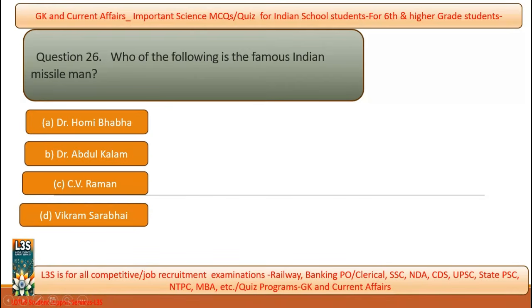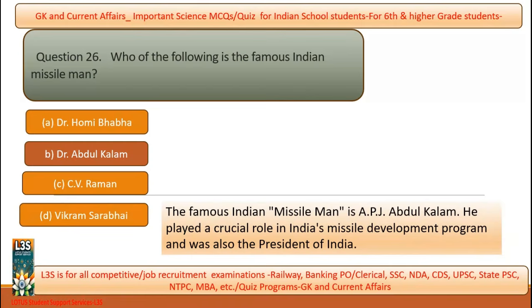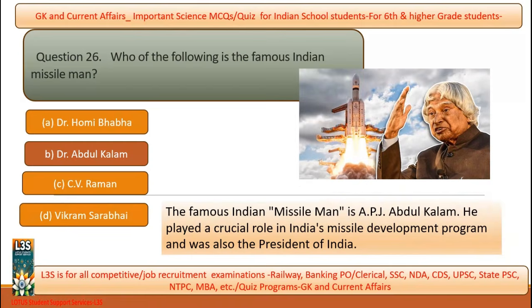Dr. Homi Bhabha, Dr. Abdul Kalam, C.V. Raman, Vikram Sarabhai. And the right option is Dr. Abdul Kalam. The famous Indian missile man is APJ Abdul Kalam. He played a crucial role in India's missile development program and was also the President of India.